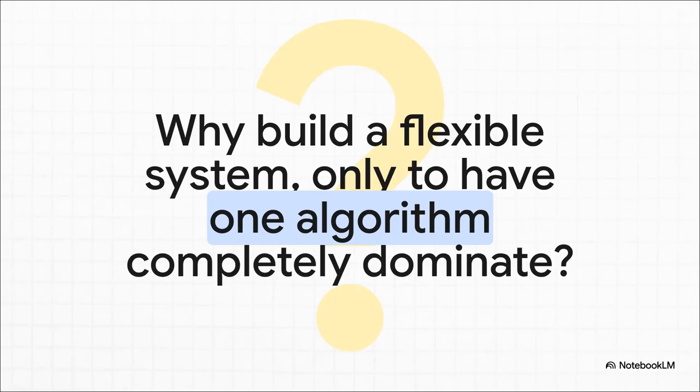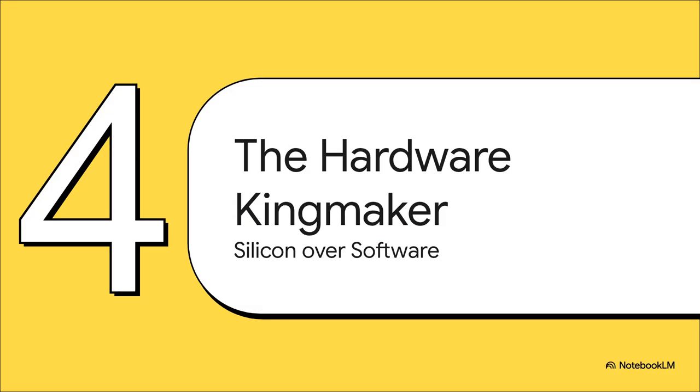So that leads us right to the big question, right? Why go through all the trouble of building this super flexible system with all these choices just for one algorithm to completely take over? What's the deal with AES? Why does it rule them all? Well, the answer isn't really about the lofty software ideals of choice and flexibility. Nope. It all comes down to the cold, hard reality of the computer chip itself.